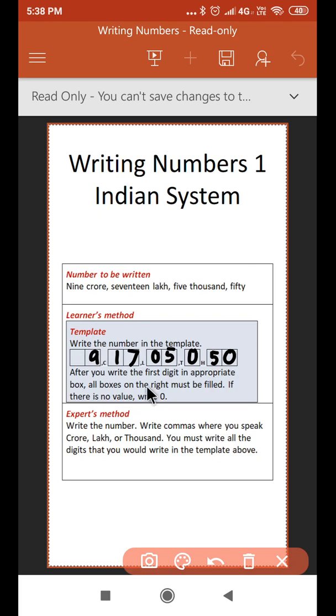Now once we are comfortable with template method, then we will graduate to expert method and we will read the number and write it. So first 9 crore. So 9, and for crore we will put a comma. Then 17 lakhs. So we write 17, and again for lakhs we put a comma.